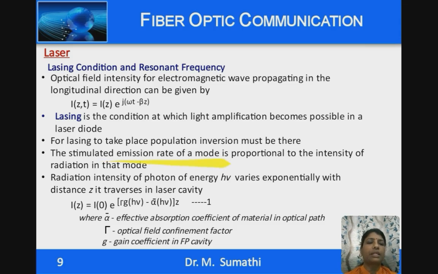The stimulated emission rate of a mode is proportional to the intensity of radiation in that mode. The intensity of radiation of a photon after it has travelled a distance z can be given by this equation: I(z) = I(0) e^((Γg(hν) − α(hν)) z), where z is the direction travelled by the photon, Γ gives the optical field confinement factor, g is the gain coefficient in the Fabry Perot cavity, and α is the effective absorption along the path in the resonant cavity.